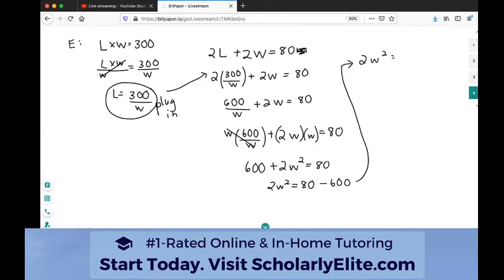Sorry guys, my allergies are acting up. And we can solve by dividing 2 off of both sides. So we get W squared equals negative 260.